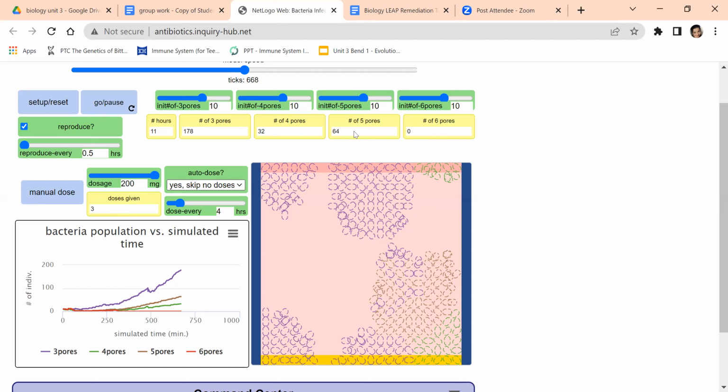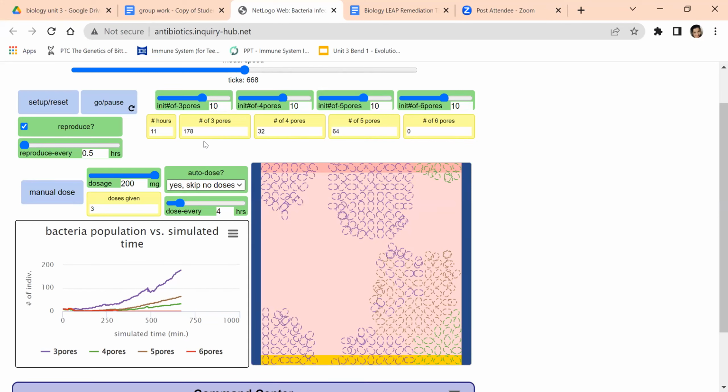We still have 64 of the 5 pore browns, and we still have 32 of the 4 pore greens. But look at how many of these 3 pore purple bacteria we have. We have not eliminated those well at all.